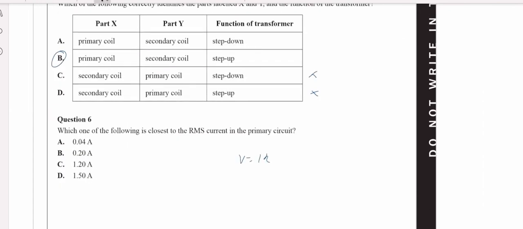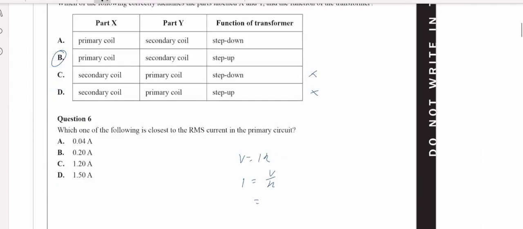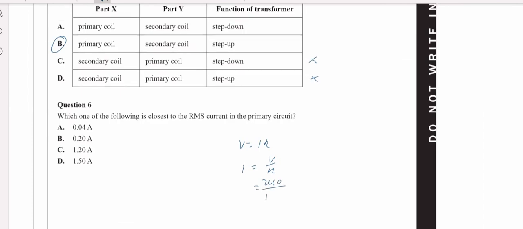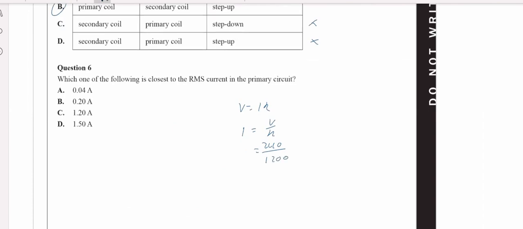We can find the current in the secondary side. 6 times 40 is 240. And the resistance is 1,200. You get a current of 0.2 amperes.